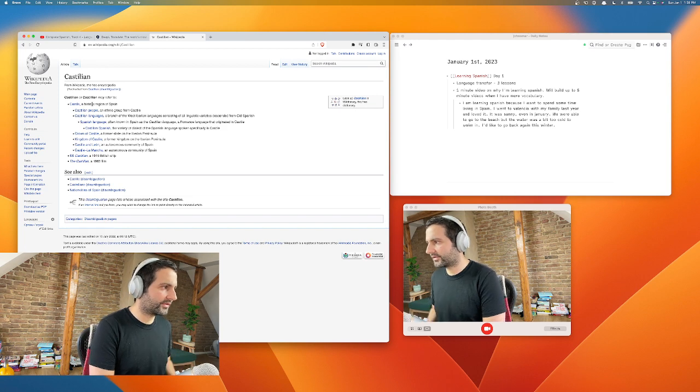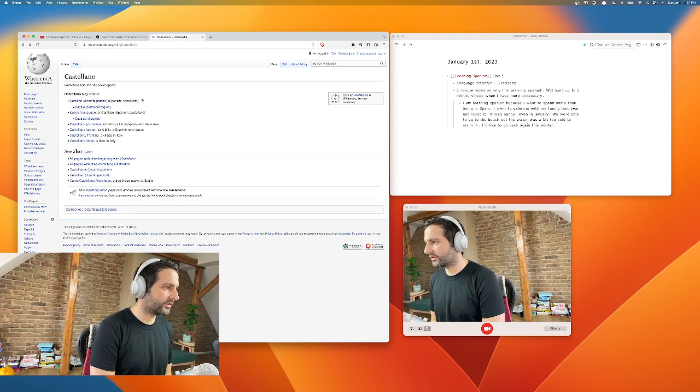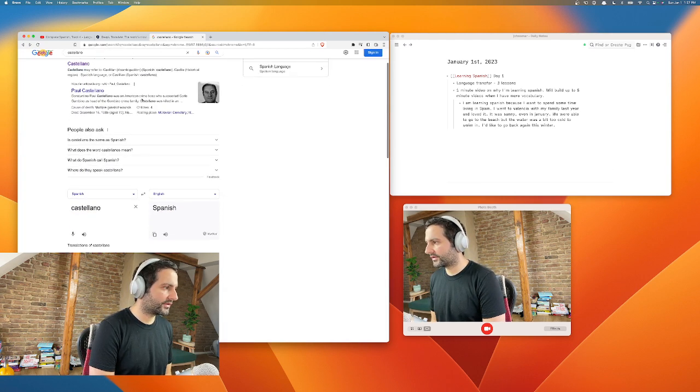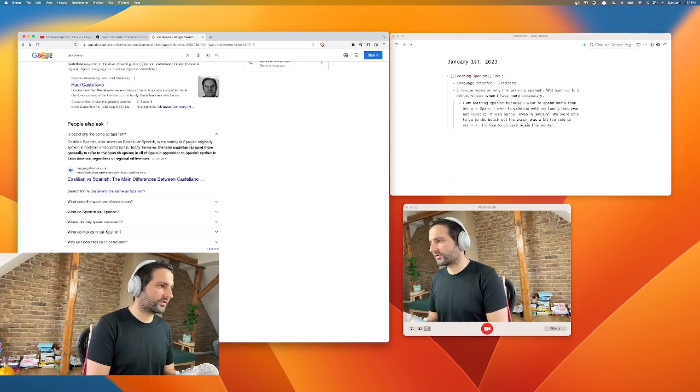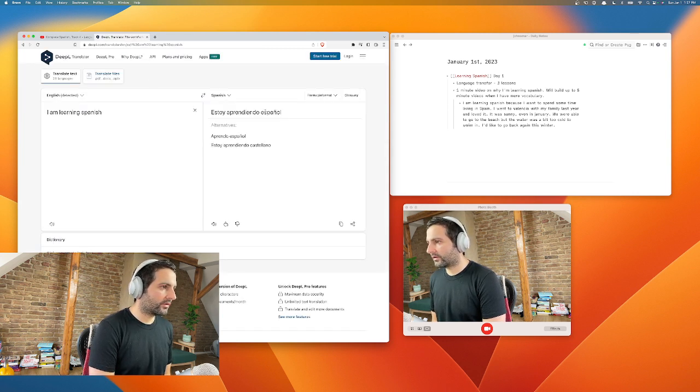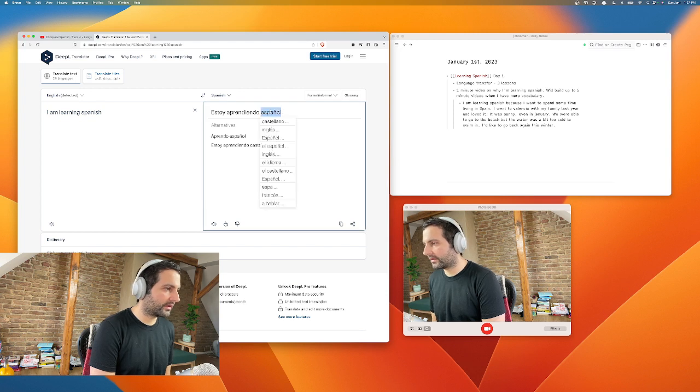Yeah, I'm pretty sure this is Castilian Spanish, which is Spanish from Spain. Peninsular Spanish, the variety of Spanish originally spoken in northern and central Spain. Today, the term is used to refer to Spanish spoken in all of Spain. All right. Well, we're gonna go with español.